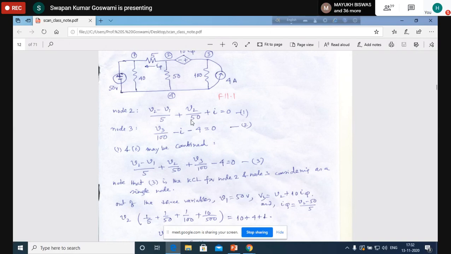Obviously we cannot solve it as it is, but we require the nodal voltages. Therefore, let us replace I from one equation into the other. Combining them, equation 3 can be written.